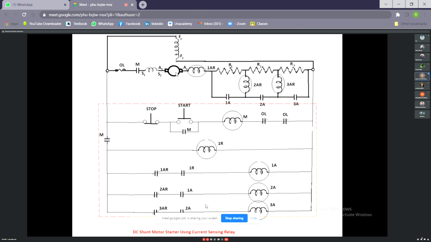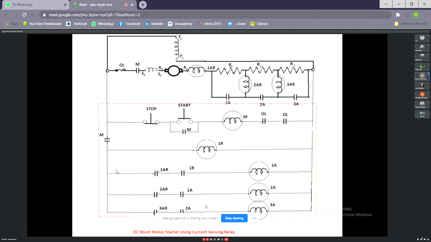But as the motor speeds up, the current will gradually decrease, and when it falls below a certain value, depending on the set value of the relay, it will drop off.